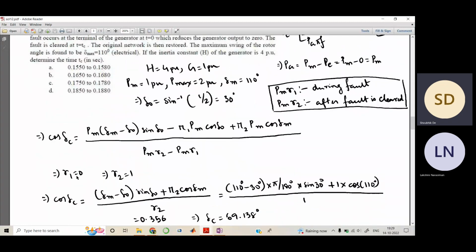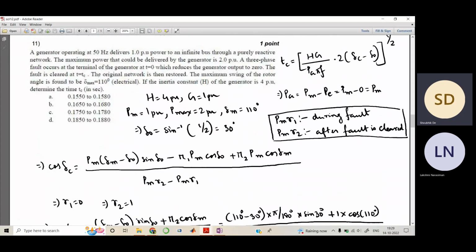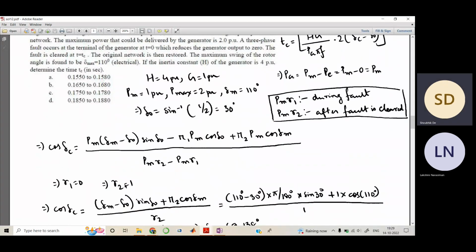Now what will be R2? They have told that after the fault is cleared, the original network is restored, so your generator is again delivering a power of 1 per unit. Therefore your R2 will be 1.